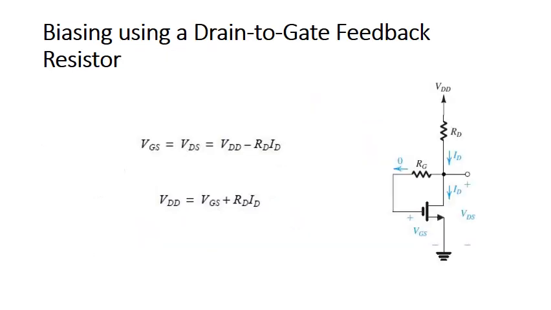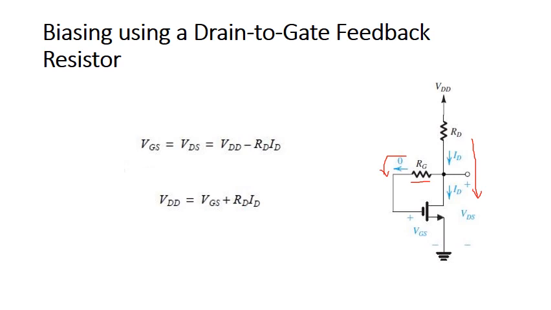The next method of biasing the MOSFET is by using a drain to gate feedback resistor, that is RG. The RG, or the drain to gate feedback resistor, is very high. As a result, no current flows through this particular path. The entire current flows through this path, through the drain and the source.